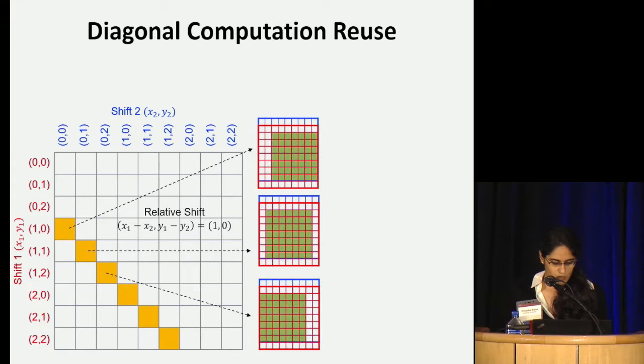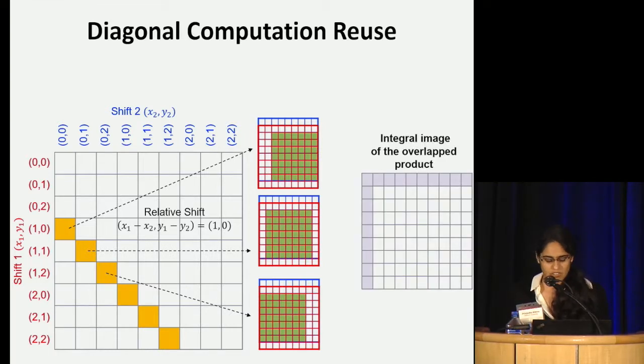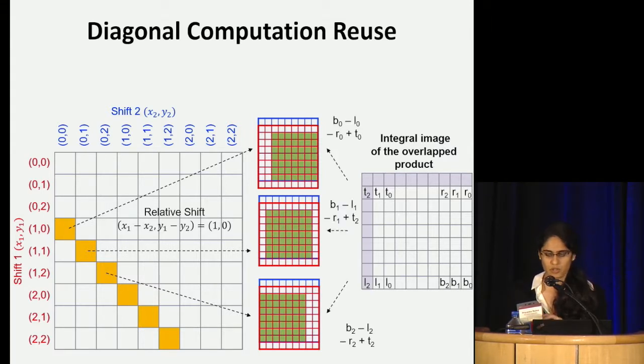So you're multiplying the same two pixels, you're just accumulating in different rectangles. You don't have to do this computation naively and repeat it over and over for each entry. You can do that multiply once, compute some sort of an integral image of that, and then compute the areas of these different rectangles in some constant time operation.